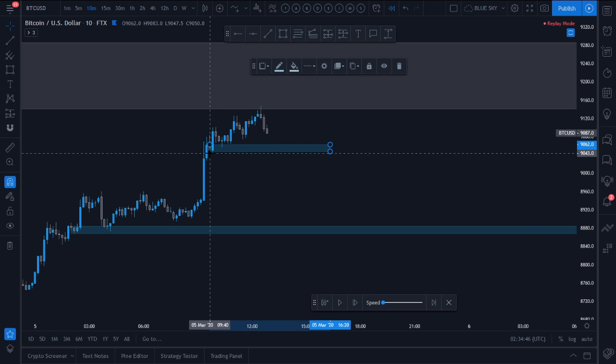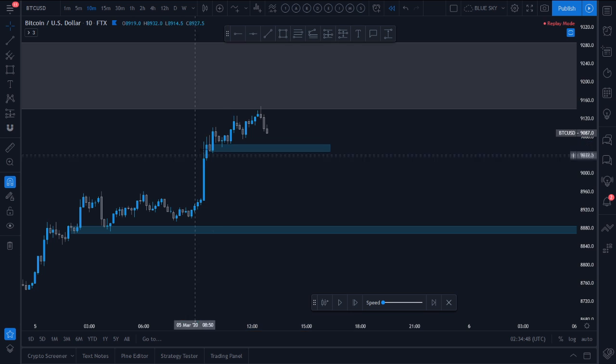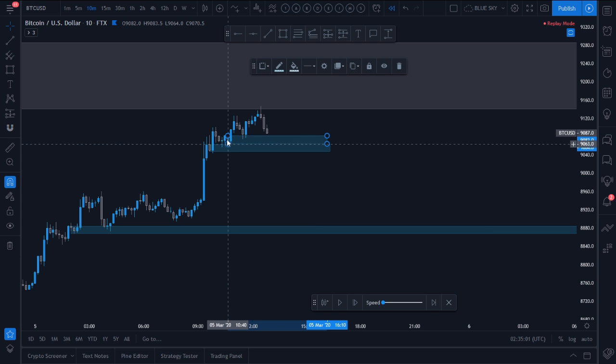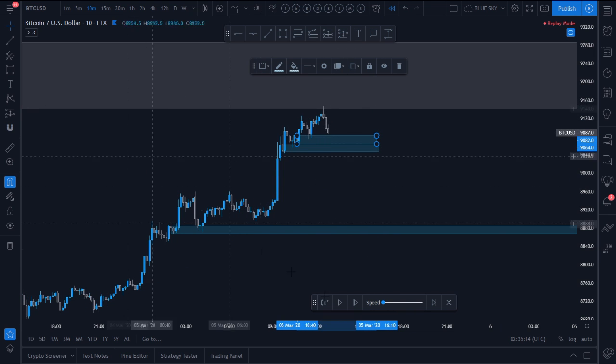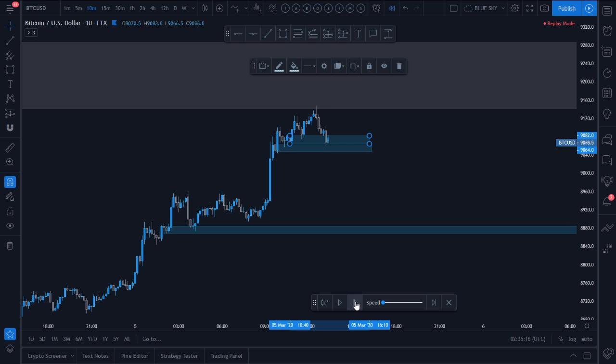This is a demand zone. This last down candle, higher high, price revisits the demand zone, higher high, and then we have a new demand zone here. Price makes a higher high, revisits the demand zone, and reaches the supply zone, which is resistance. And let's see what happens next.